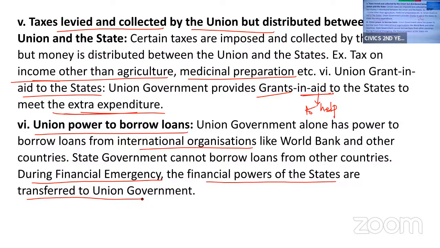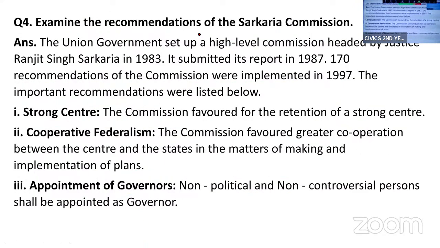In case of financial emergency, the financial powers of the state government are transferred to the central government or union government. So these are the three relations: legislative relations, financial relations, and administrative relations between the union and the state.